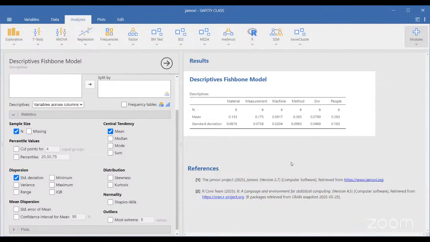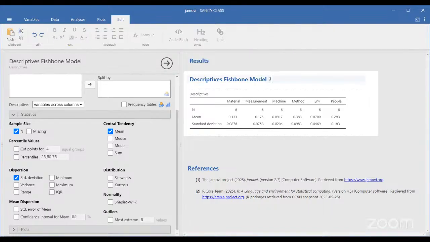Method is the maximum contributor as per the mean. It is 0.383. Then people 0.283, and then material 0.130. So the method mean is high, and people also 0.28 and method is 0.38.